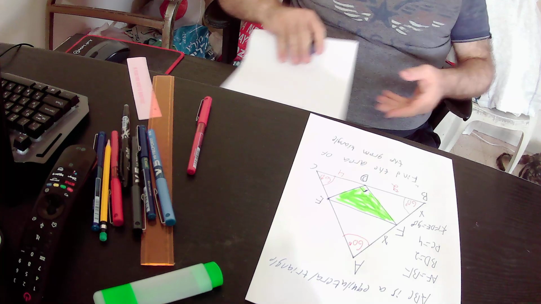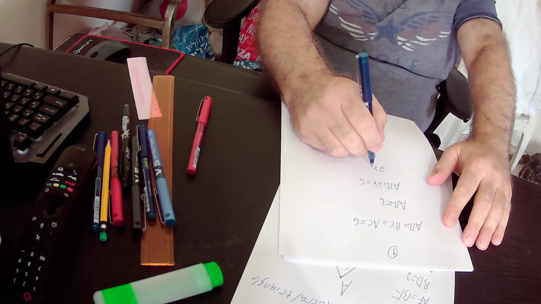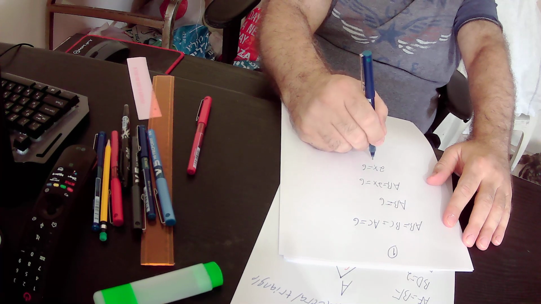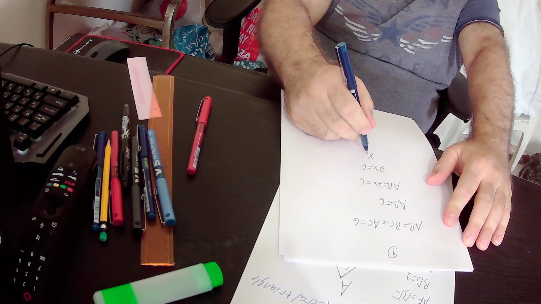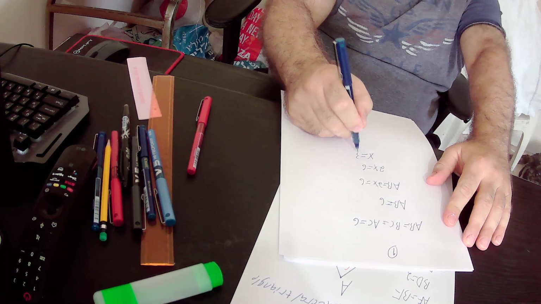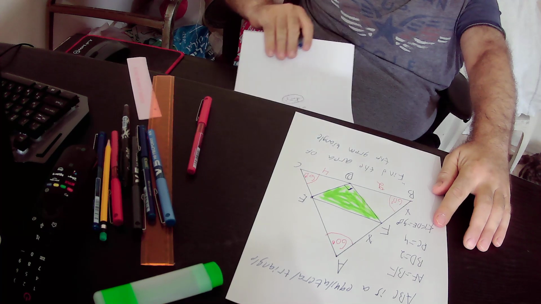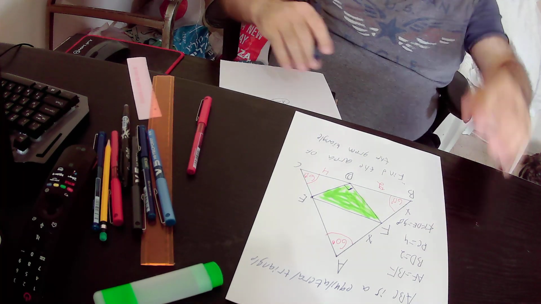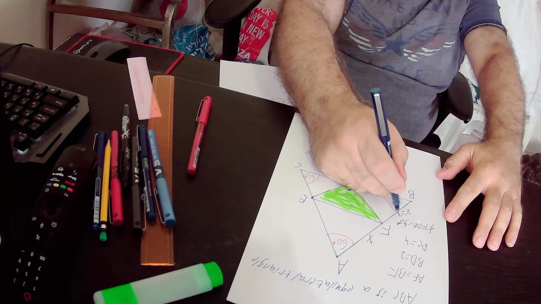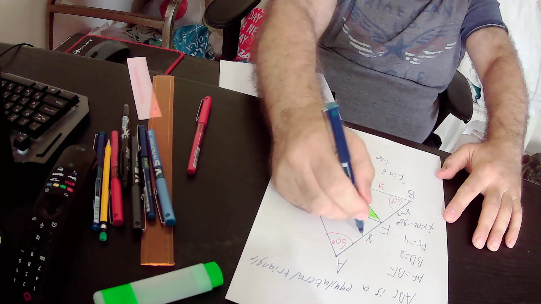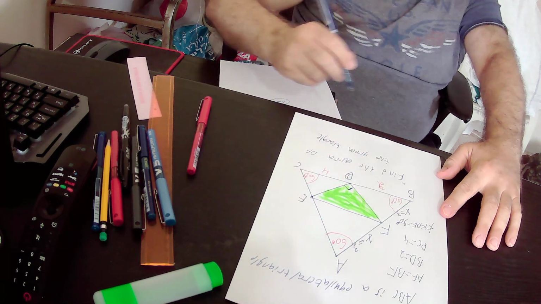So 2 times X equals 6 units. We can divide this equality by 2 and we'll get that X equals 3 units. So actually, the size of BF is 3 units, and the size of AF is also 3 units.